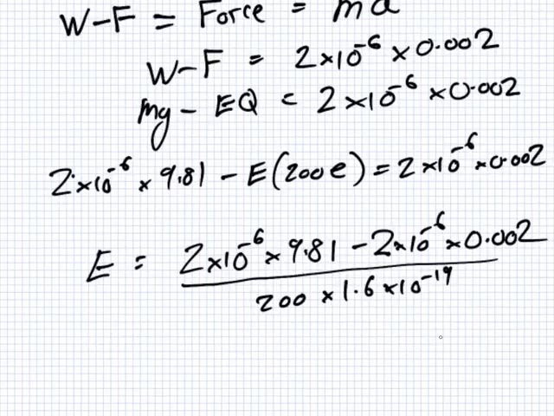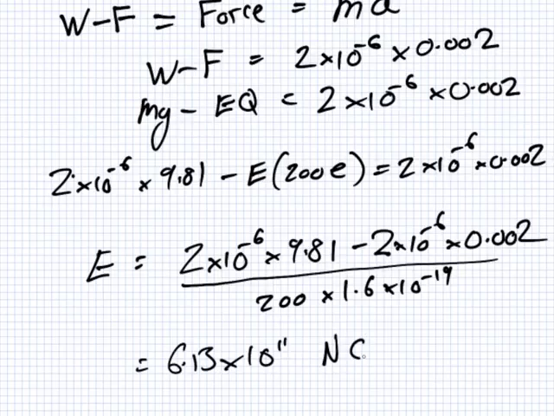So if we type all of that in, you get 6.13 times 10 to the 11 newtons per coulomb.